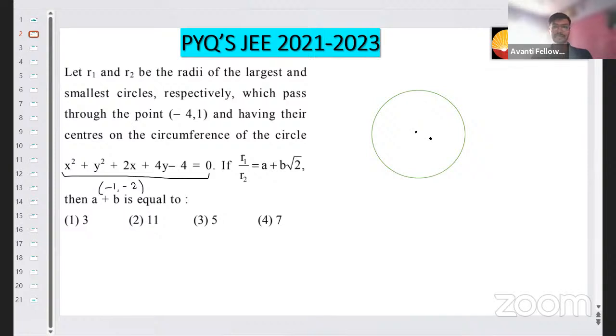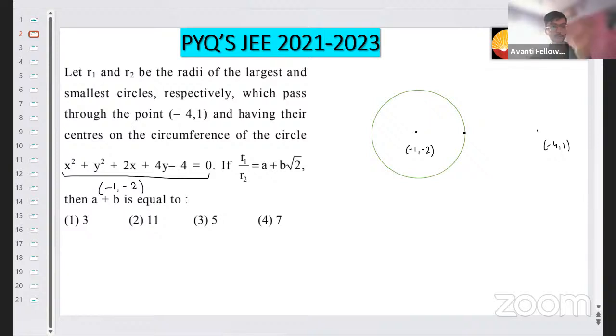After that, which pass through the point (-4, 1). So let's say (-4, 1) is the point here, and this is the center, (-1, -2). What they are saying is that this is the circle on which the centers of two circles lie.